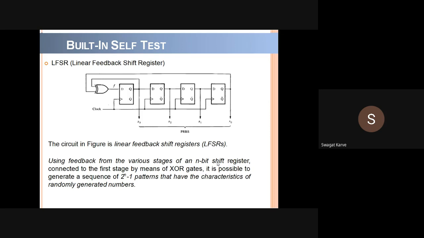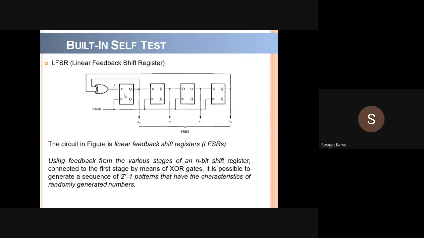Now how does this circuit work? Basically it's a simple D-type flip-flop. After every clock pulse, the data is outputted and the new data gets loaded into the flip-flop. Very simple working. You can use four or more D flip-flops depending upon how many inputs, outputs or test vectors you require.